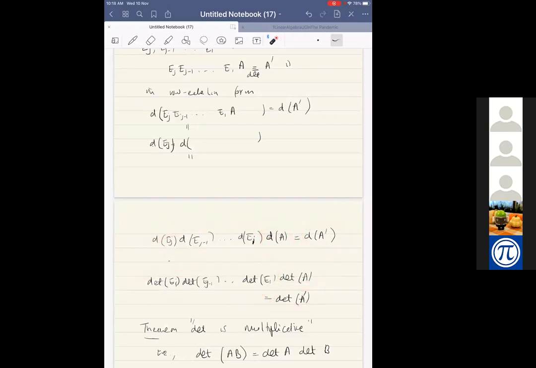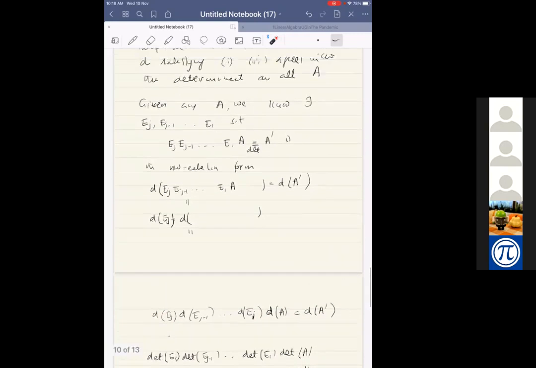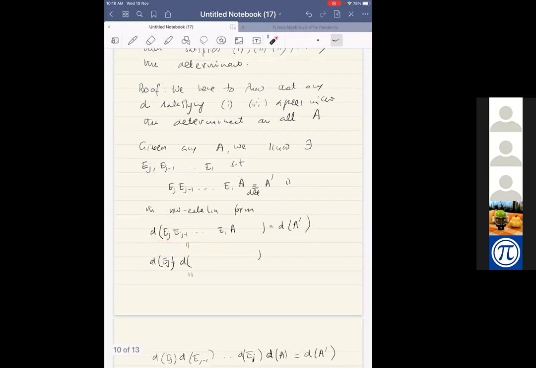Isn't this an inductive proof of the statement? Have you proved this statement inductively? No, this is an inductive proof of... I've already proved that when I take a matrix and multiply it by an elementary matrix, then I have this.